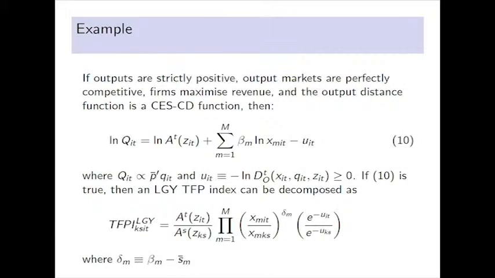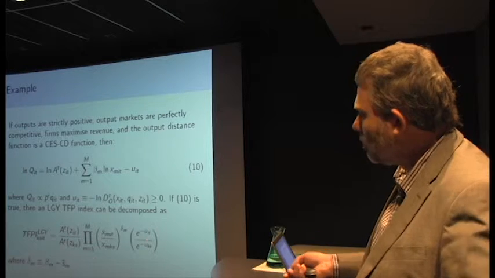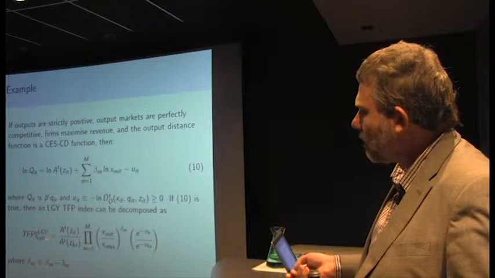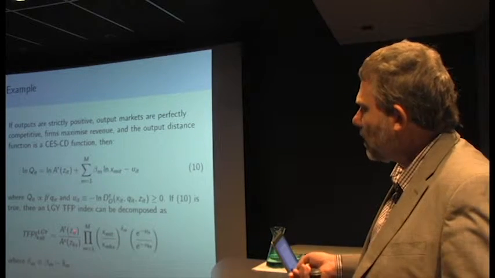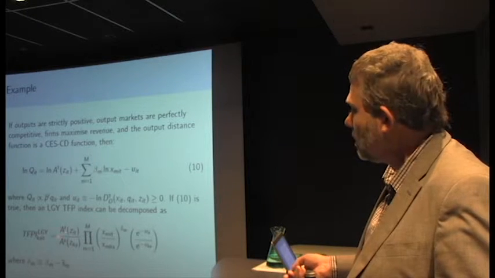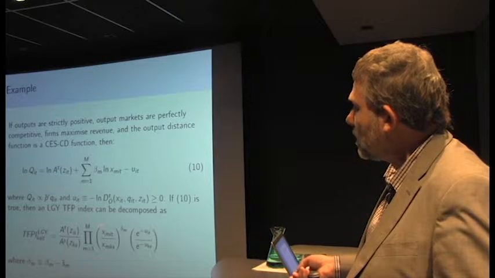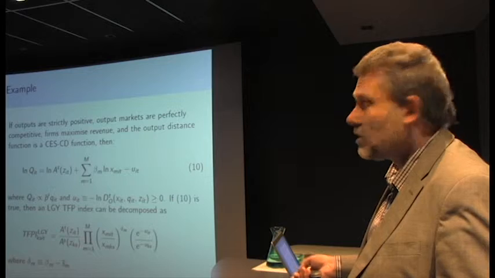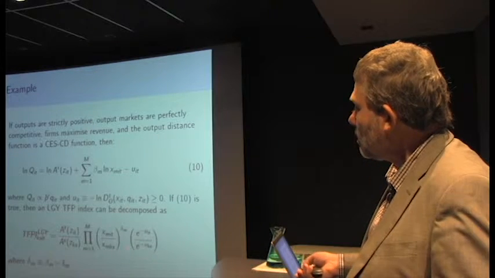Very simple. And if this is a relationship between outputs and inputs, this is the decomposition of that Lowe geometric Young index that you have, right? So this is exact. It's all exact, okay? And it's saying productivity change is a technical and environmental change component. This is a scale mix change component, and this is a technical inefficiency component.